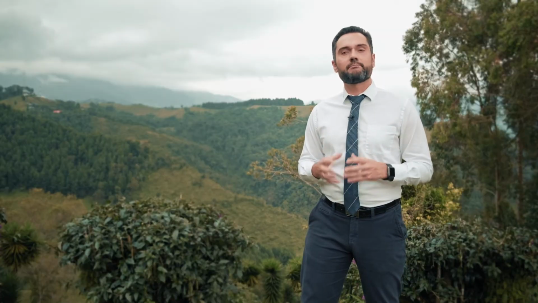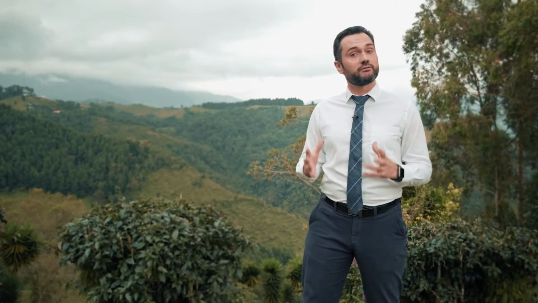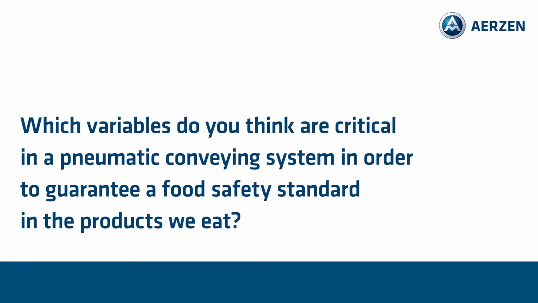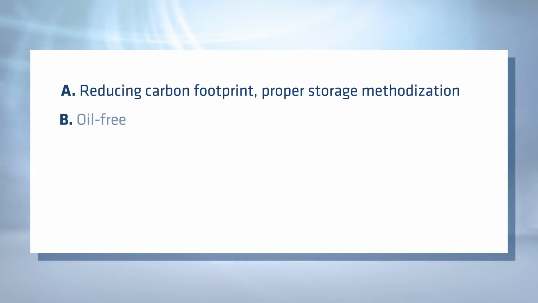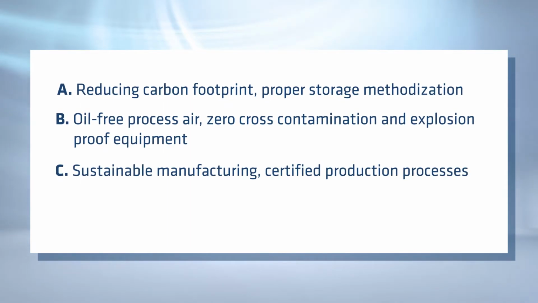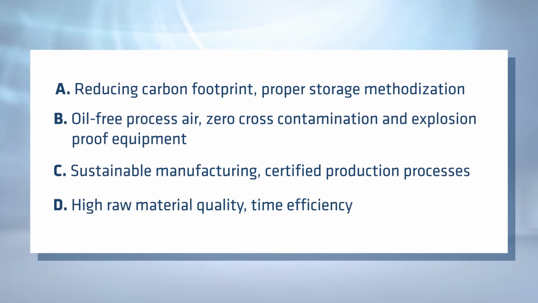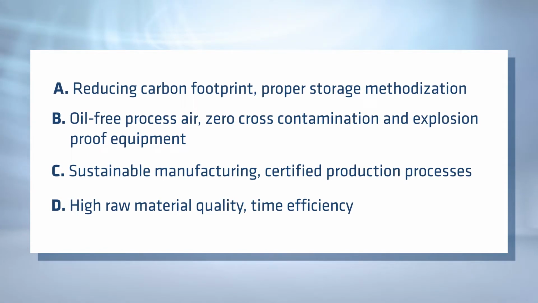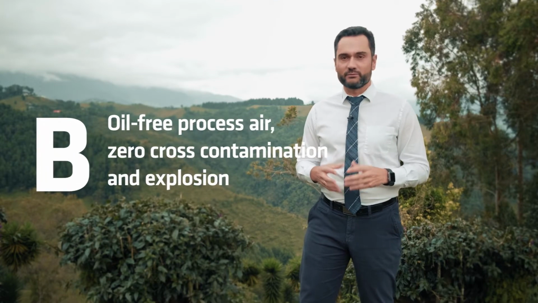Now that we have a basic understanding of pneumatic conveying systems and its interaction with the products we consume daily, which variables do you think are critical in a pneumatic conveying system in order to guarantee a food safety standard in the products we eat? If you selected option B, you are correct.